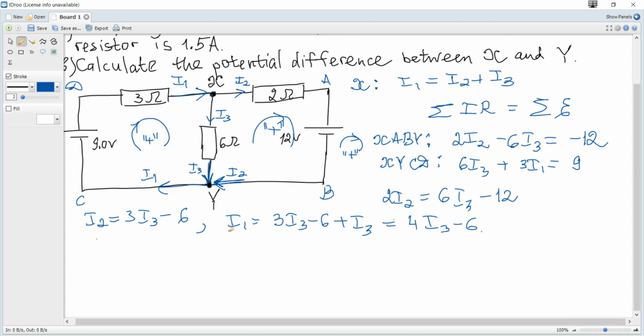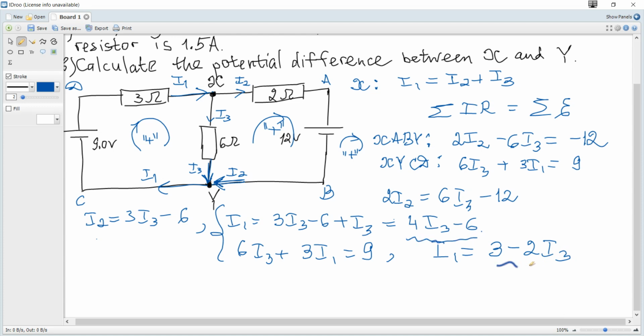We can consider this equation and the one with 6I3 plus 3I1 is 9, and we can see that I1 becomes, dividing by 3, 3 minus 2I3. We can equate these because both are I1, so 4I3 minus 6 is 3 minus 2I3.